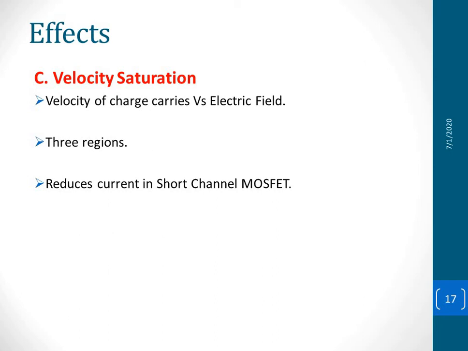So we say one after the other it gets hit up and the velocity will increase and move at a faster rate. That's why we call it velocity saturation, because the electric field in that reduced channel length will be more. So this reduces current in short channel MOSFET.